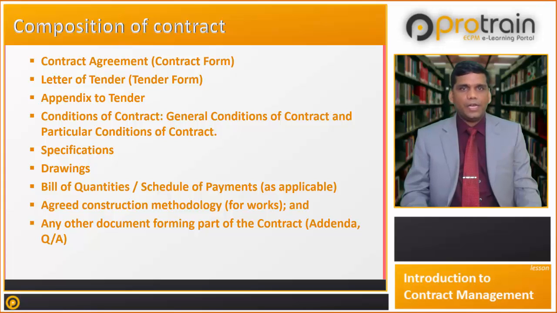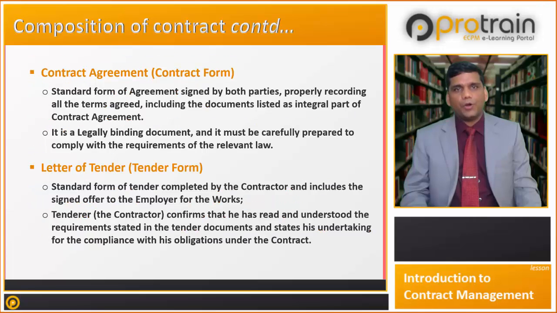Now, let us examine the issues that can crop up during contract management. Issues during the contract formation are the following: poorly defined terms and conditions, contradictory drawings or technical specifications.